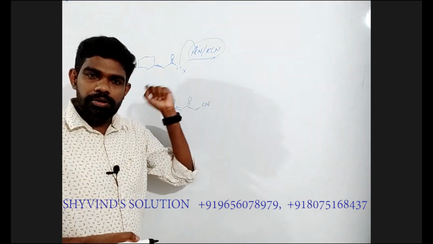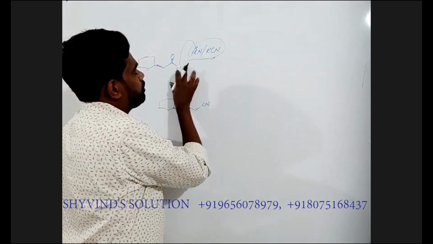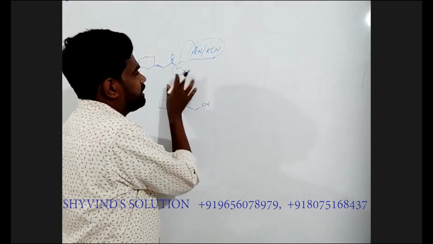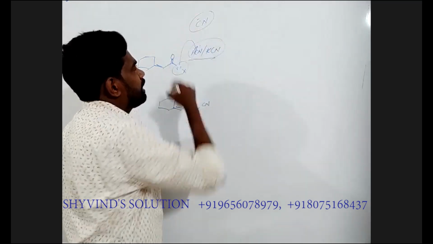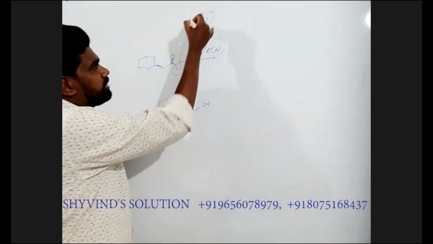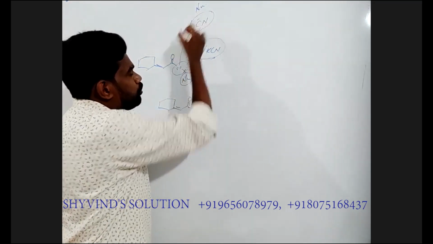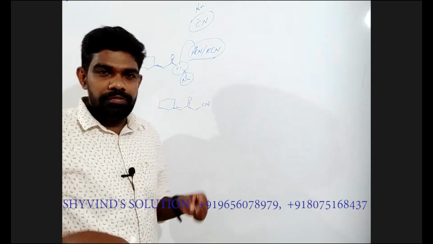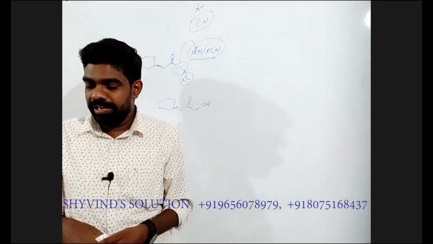These are not at all good bases, they are only nucleophiles. And second, suppose a minus charge is generated here, CN minus is also a negatively charged species. This is a nucleophile, and this is also a nucleophile. These two nucleophiles will not react. So we never get option A, and we can easily eliminate it.